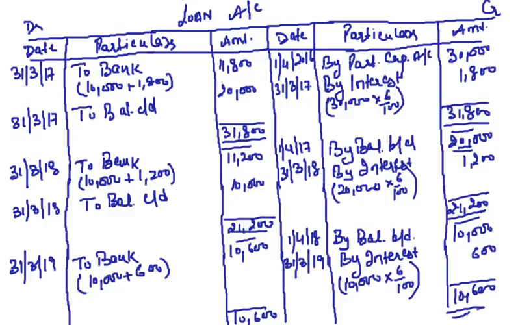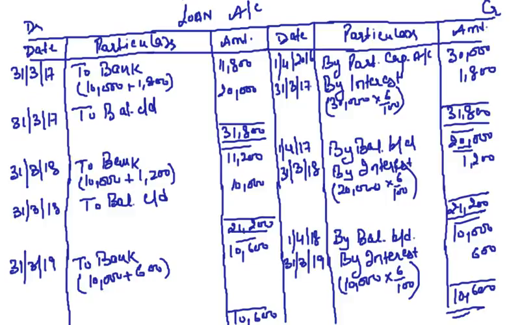If you have information about revaluation of assets and liabilities, you should be clear about how to prepare the revaluation account and how to distribute the profit of revaluation. That profit will be distributed among all partners in old ratio. Then you should be clear about the treatment of various reserves and accumulated profits that will be appearing in the balance sheet on the date of retirement.